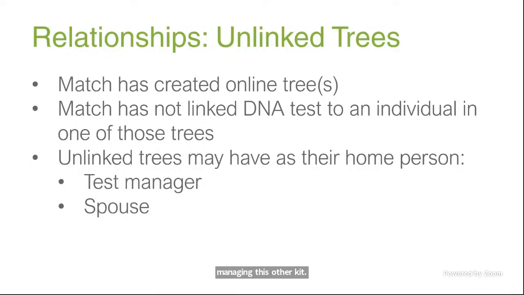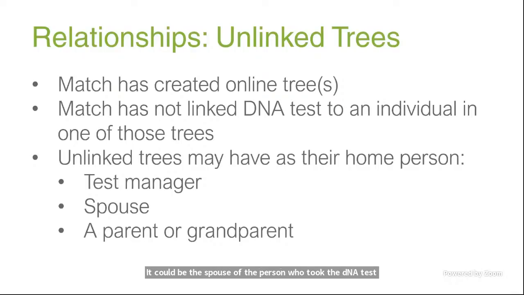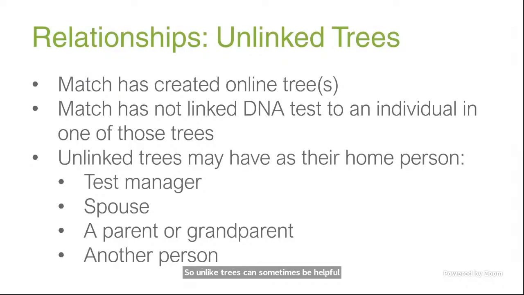That's why I suggested saying if you're a match to the manager of the kit. It could be a parent, a grandparent, a child, or it could just be some second or third cousin, like I said, who got this person to take a DNA test. So unlinked trees can sometimes be helpful, and sometimes none of them have anything to help you at all. So you just have to move on if that's the case.